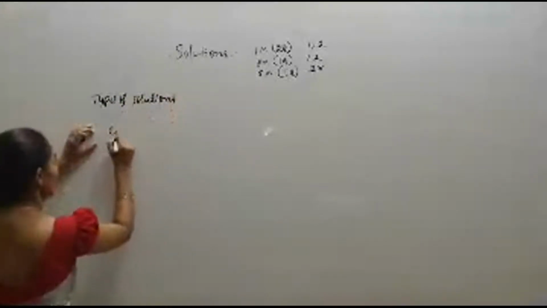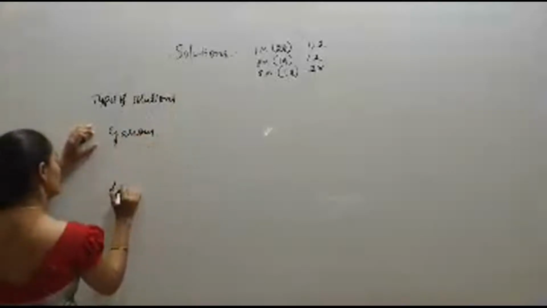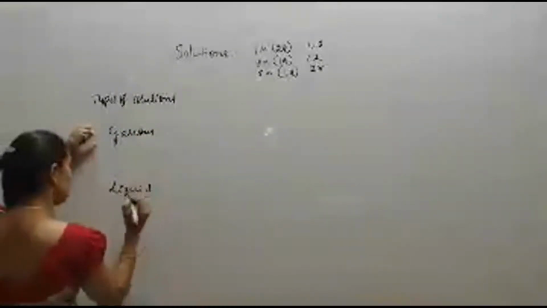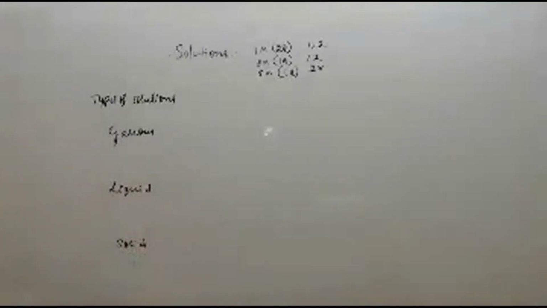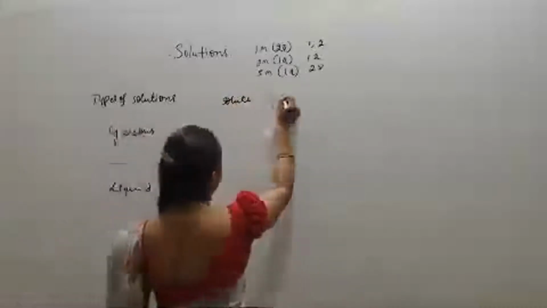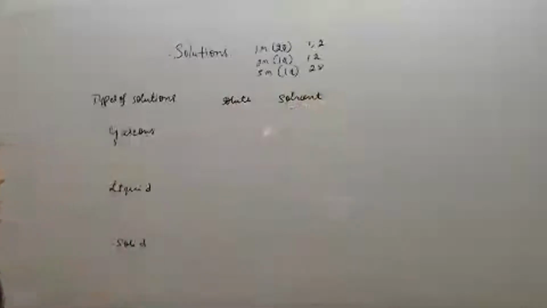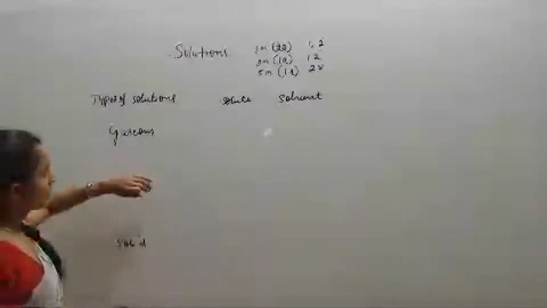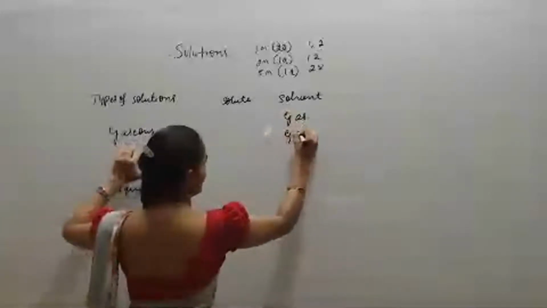In that, gaseous is there, liquid is there, solid is there. Gaseous, liquid and solid solutions. Here is the solute particle, here the solvent particle. Here again types are there. Here the solvent is gas only.